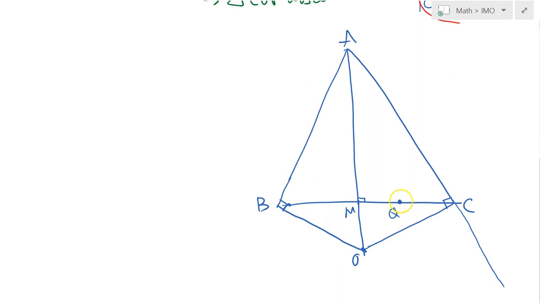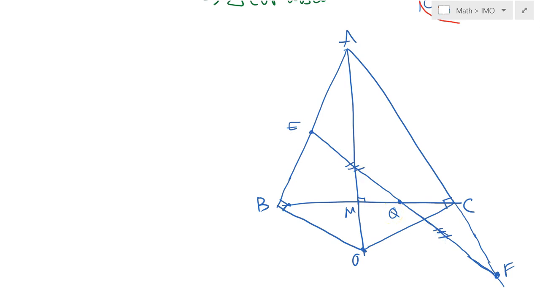So that's my point Q. Let's consider this line. Oops, probably it should go like this. Yes, so that's the point F here on AC, and that's the point E. And we know that EQ is equal to QF now.